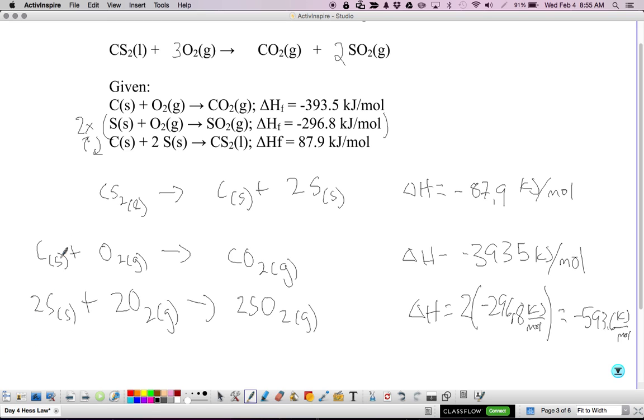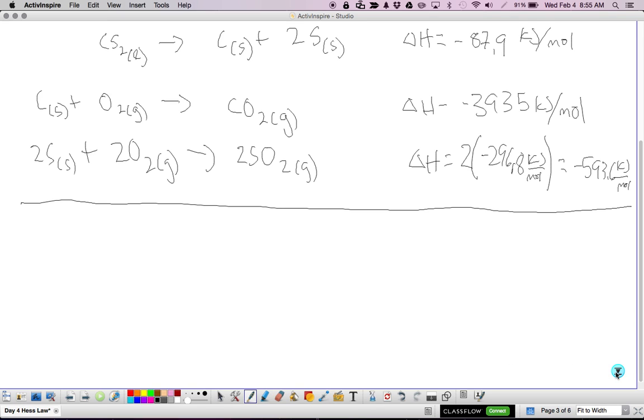Okay, now, if I collect everything that's on the reactant side and everything that's on the product side, let's see what I get. Okay, so I have a CS2 liquid plus a carbon plus an oxygen plus 2 sulfurs plus 2 more oxygens.